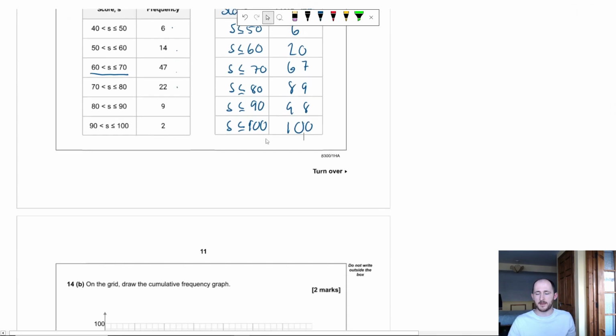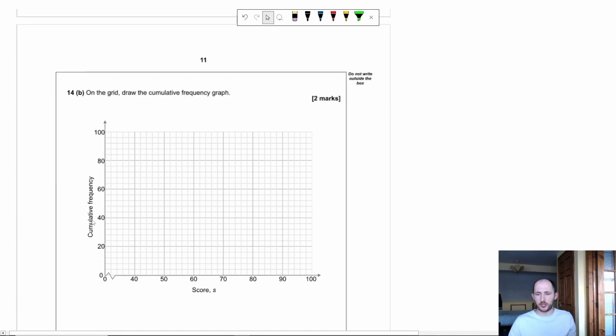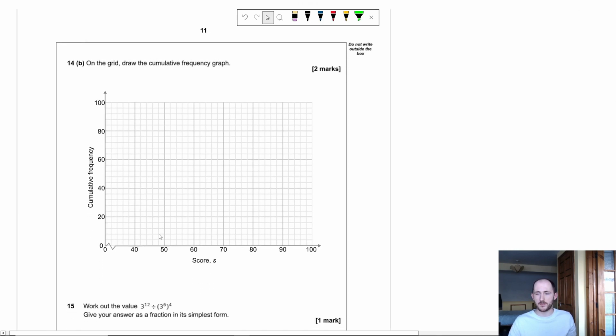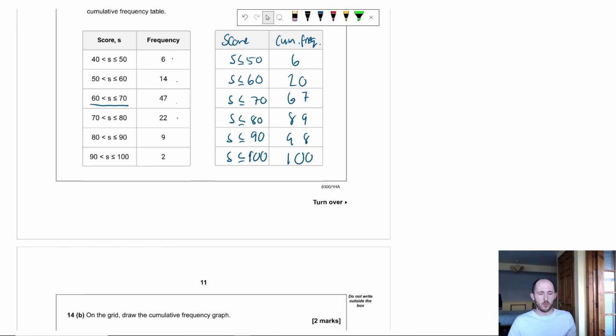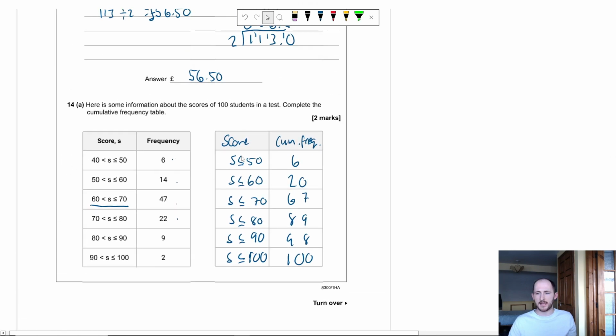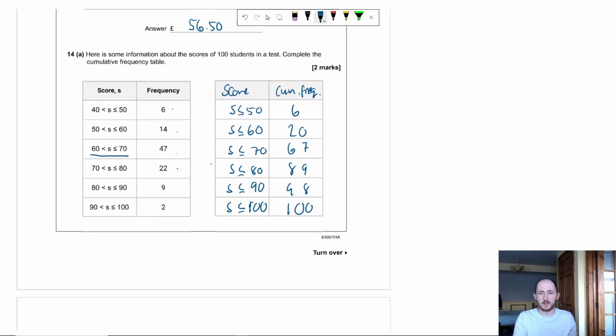And now part B is probably going to be, draw the cumulative frequency graph. Now, what do you actually plot? What you do is you plot the midpoint against the cumulative frequency. So the midpoints are 45, 55, 65, 75, 85, and 95.